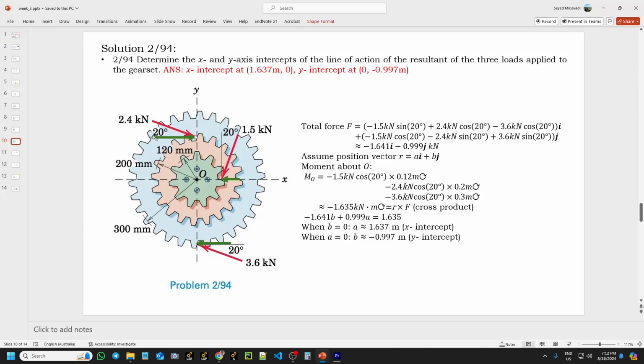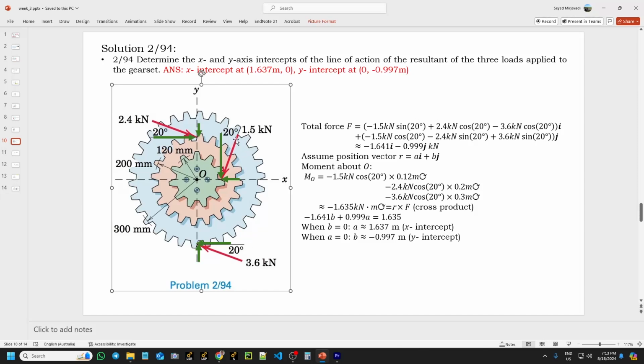And for the y component, it will look like this, and this one looks like this, which is negative again, and this one will be positive, okay?